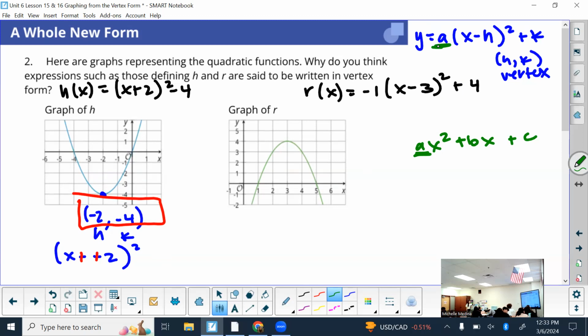We saw that anytime the A was negative, it reflected the graph. That's why this one opens downward. This one, the A was positive, so it opened upward. Make that note somewhere.